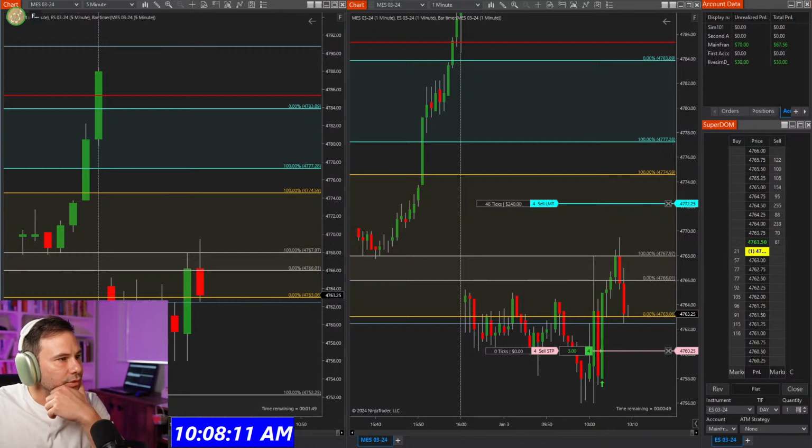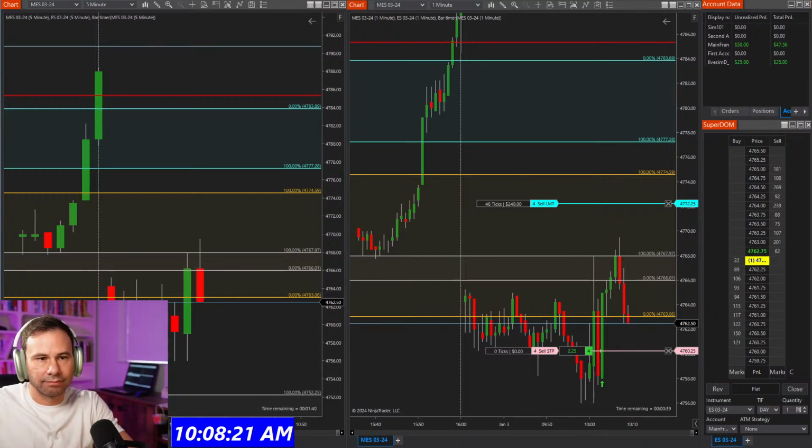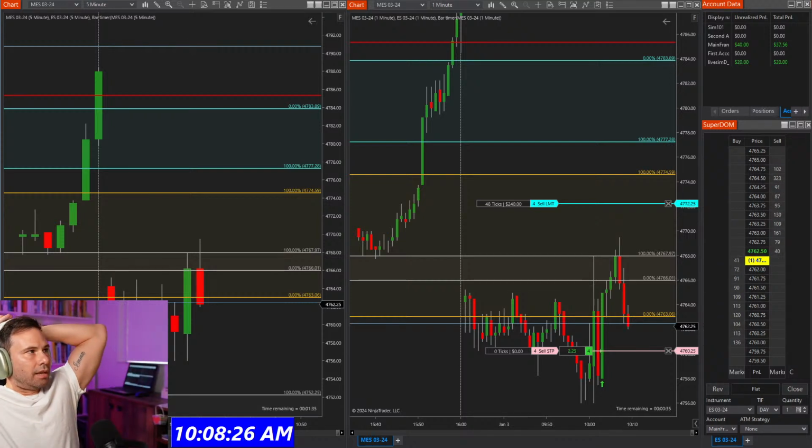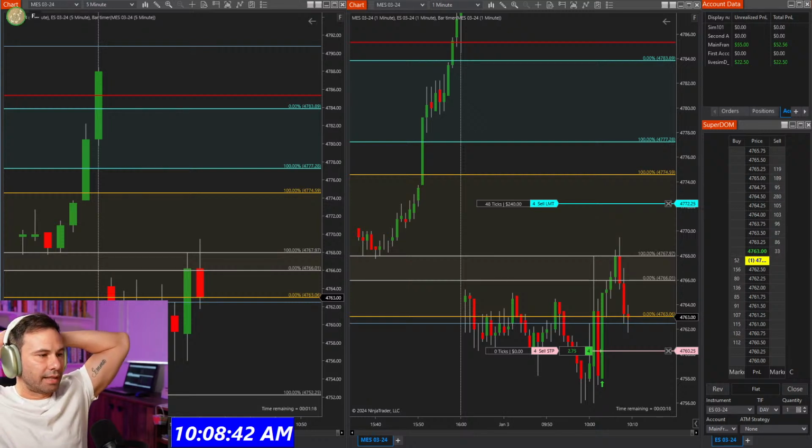We cannot even get to the previous candle's COT. Selling is impressive. It is what it is. Yeah, we cannot even get to the previous candle COT, bro.